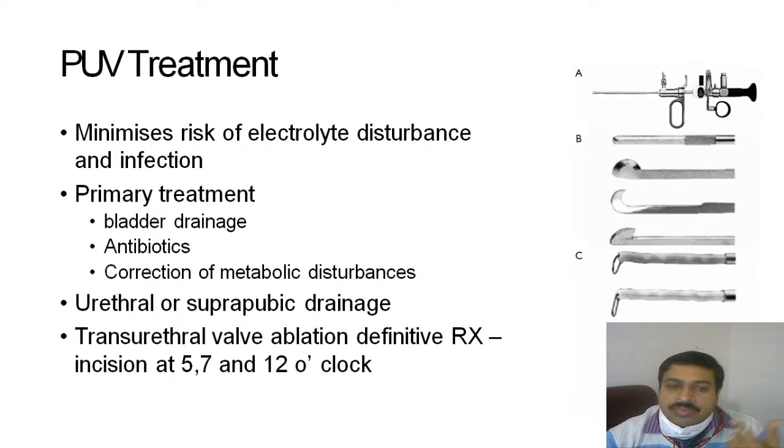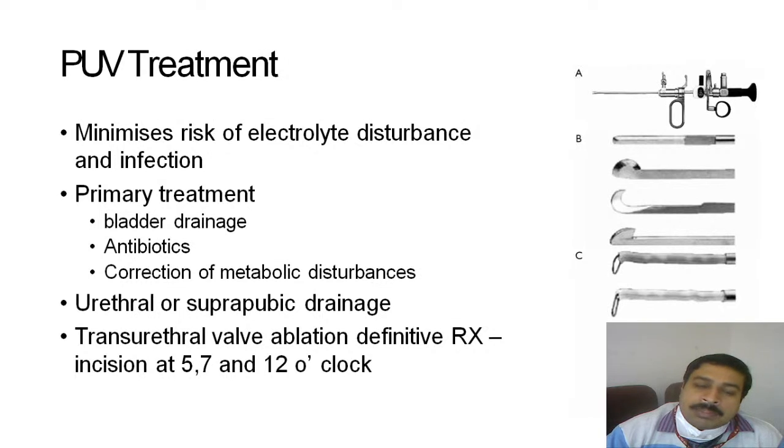Just incise them. We don't excise them, we incise them, and that process is called ablation. We could just cut them with a cold knife, or we can use electrocautery. When we use these, they are connected to an electrocautery machine, and the electrical energy or radio frequency is used, which cuts them in a bloodless field.